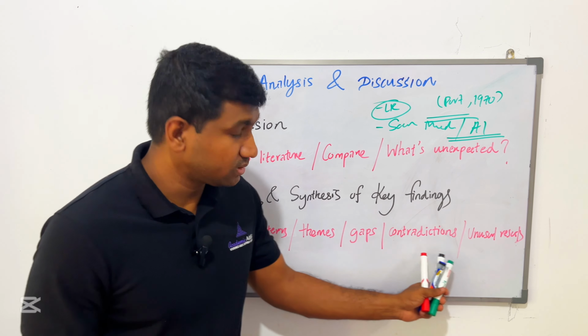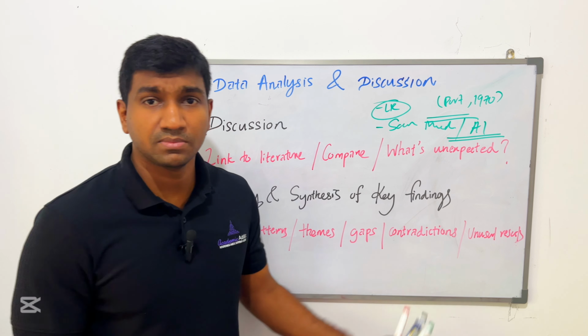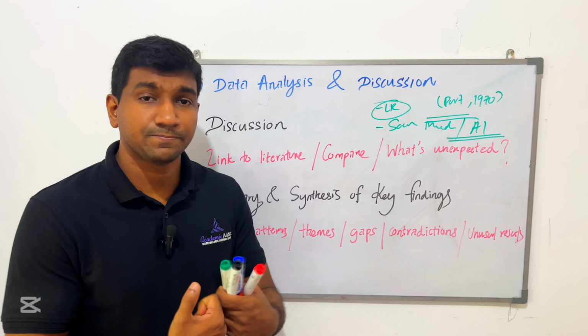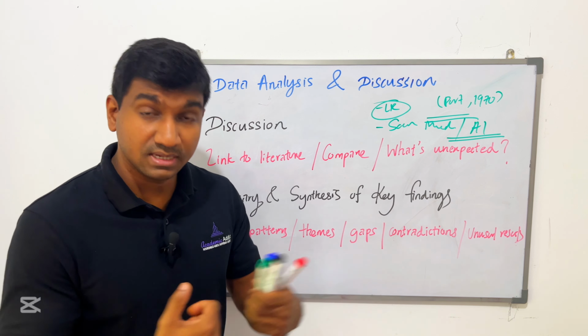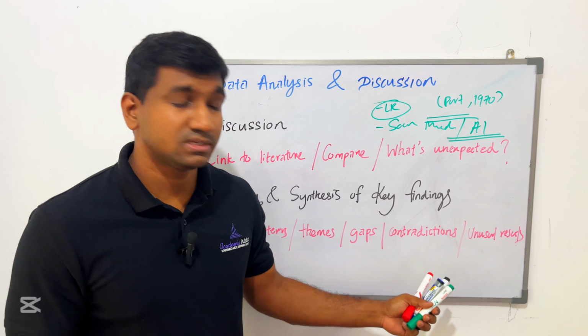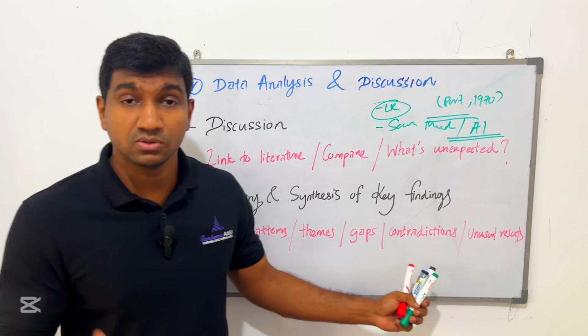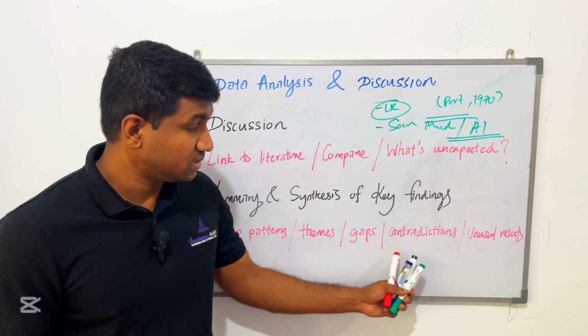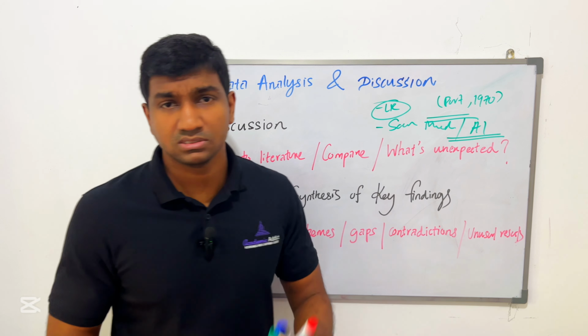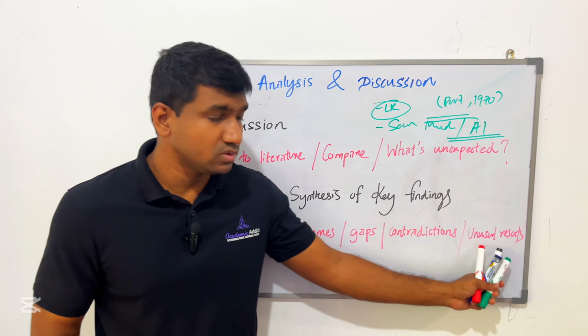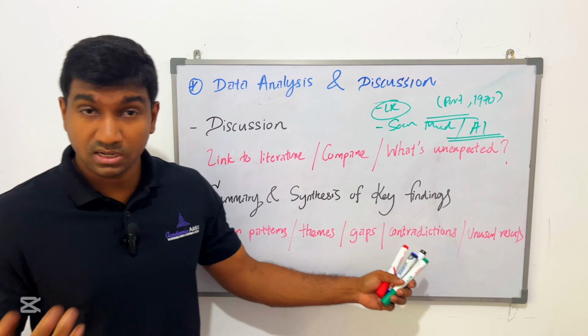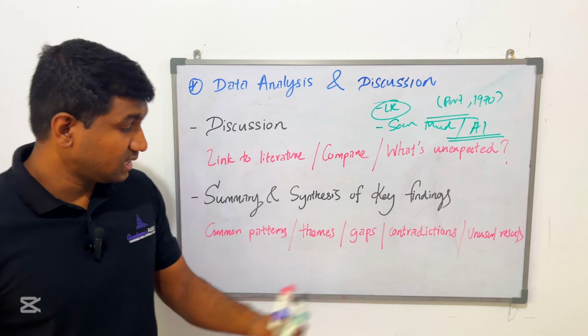Then contradictions, just like I said, pluses and minuses. These are not connecting as you expected. However, you have to mention the justification for that as well. And unusual results, that's okay. It's totally fair for you to report unusual results, unexpected results, contradictions, gaps, everything.